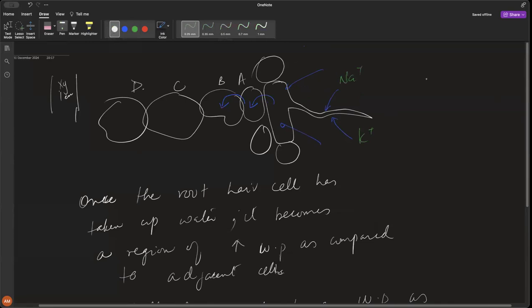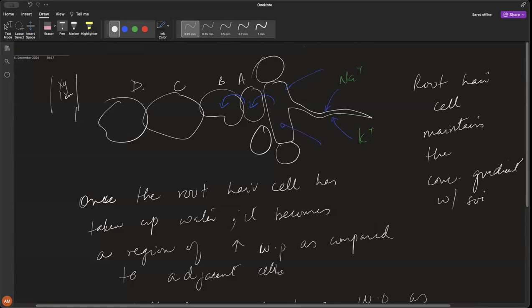Something very important: the root hair cell maintains the concentration gradient with the soil by active transport, right? So the water keeps on moving in constantly.